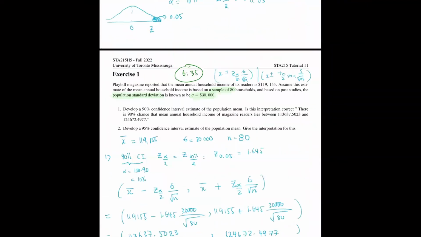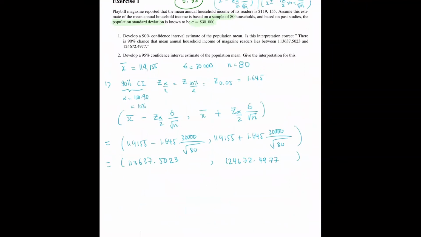Okay. So yeah, this is the interval that we got. And this is the important part. Is this interpretation correct? There is a 95% chance that the population mean lies between our lower bound and our upper bound.